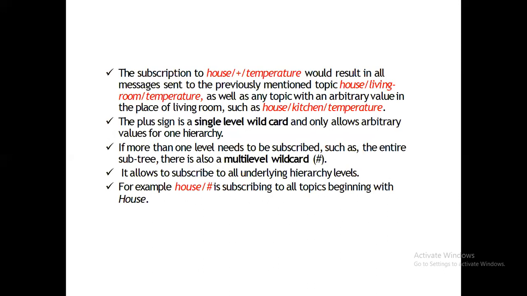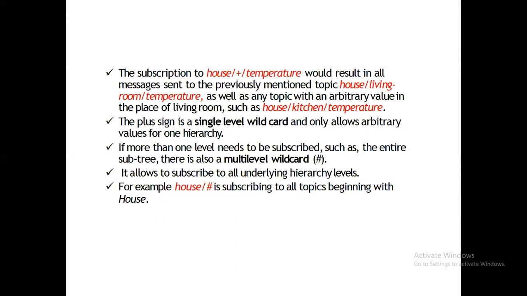A subscription to house, wildcard, temperature would result in messages sent to the previously mentioned topic, house/livingroom/temperature, as well as any topic with an arbitrary value in place of the living room, such as house/kitchen/temperature. These are all different topics when we consider the transmission of data.